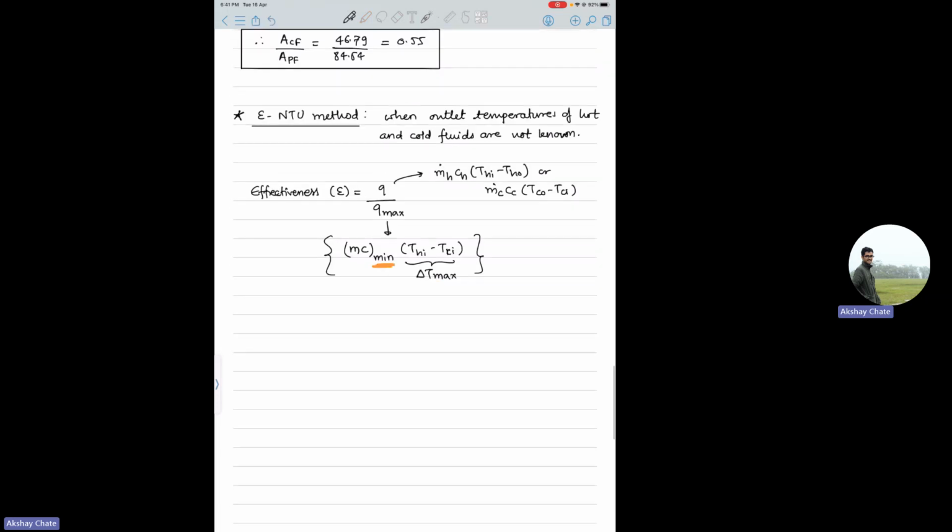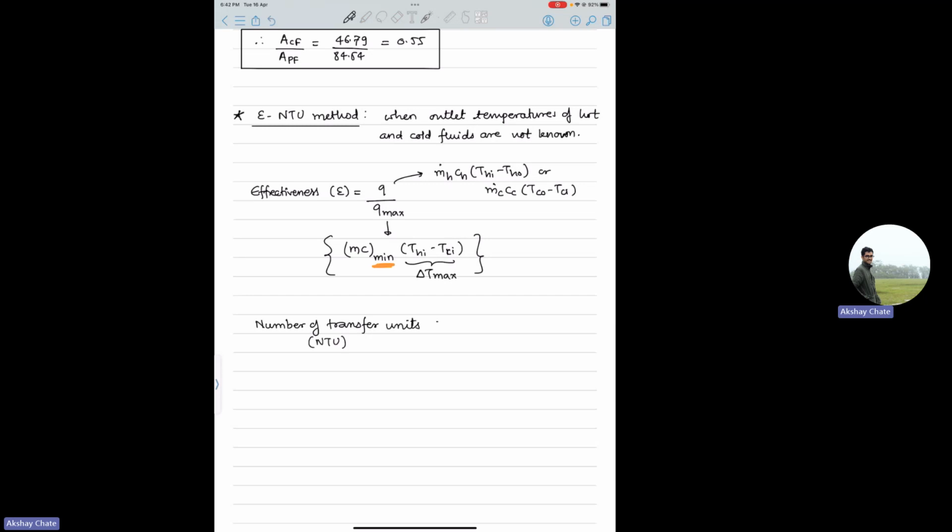And then there are some correlations for effectiveness in terms of NTU and capacity ratio. NTU is nothing but number of transfer units.